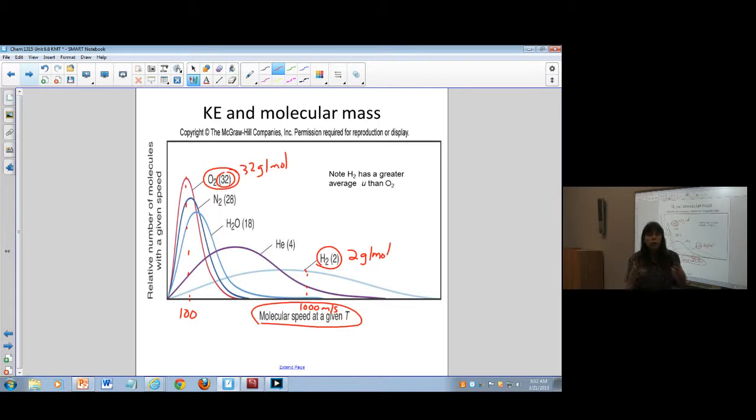The only way to change that kinetic energy is to change the temperature. Within the individual sample, things like the mass and the velocity matter to an individual particle, but not to the total sample. Whatever the total sample is, that kinetic energy is related to the temperature.